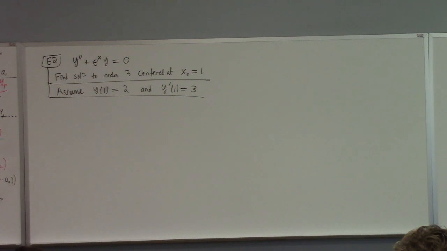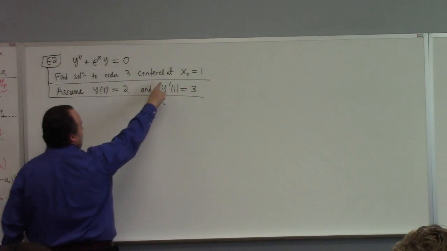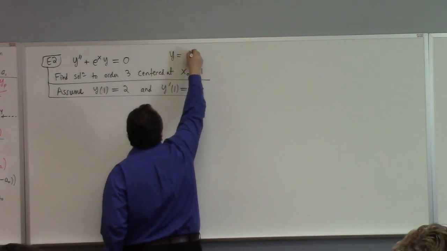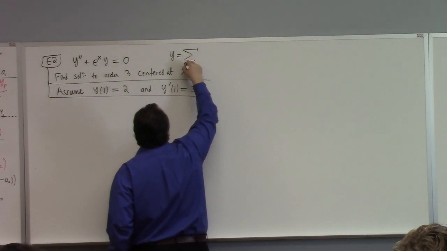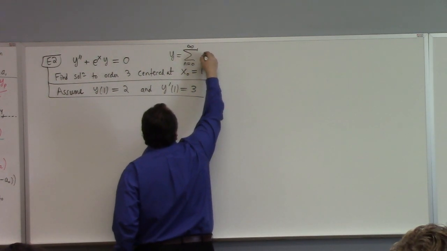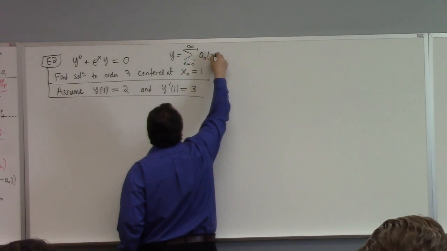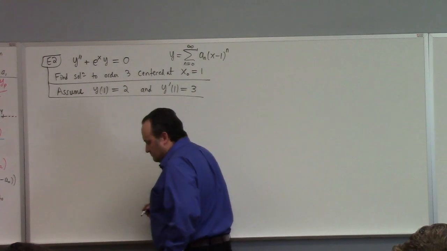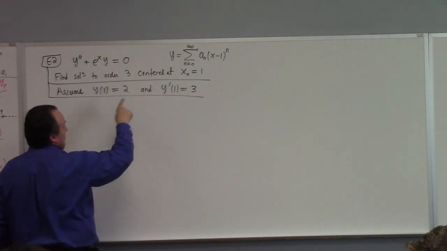Okay, so what's our deal here? Here we're centered at x not equals 1. What does this mean? This means we want to write our solution in the form the sum n equals 0 to infinity of a sub n times x minus 1 to the n power. That's what centered at 1 means.